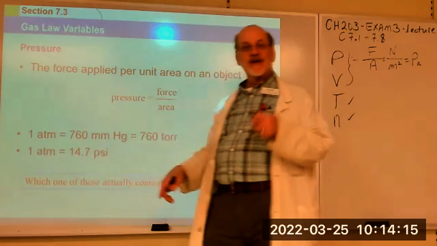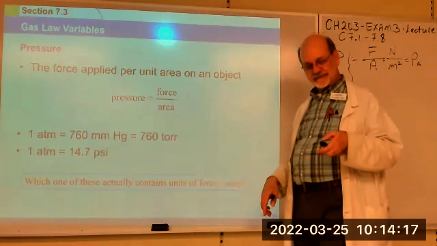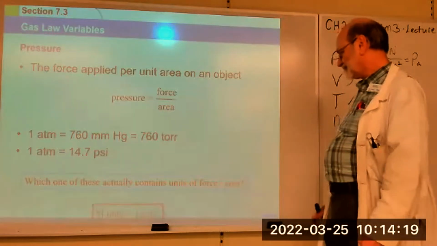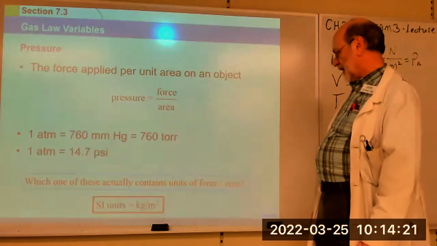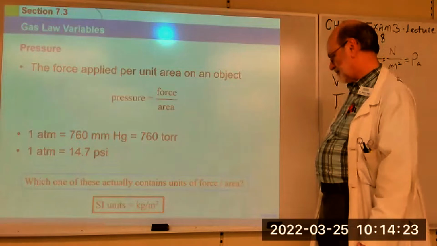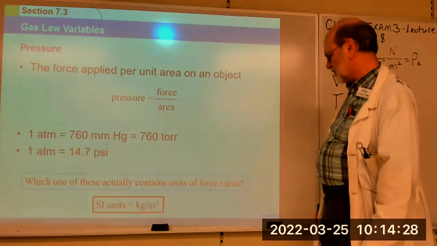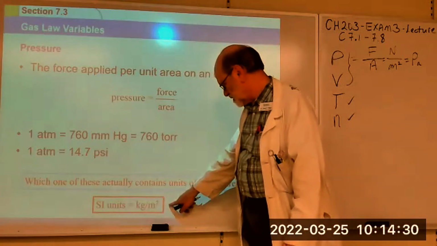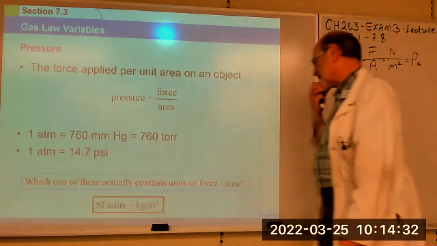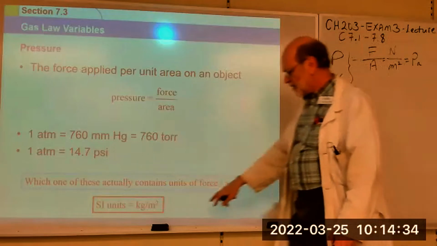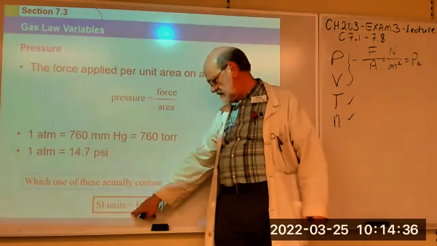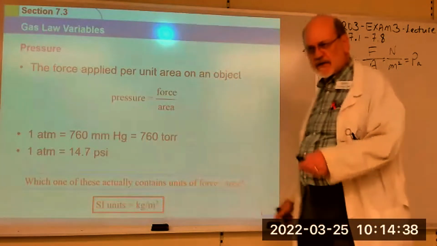Pounds per square inch, that is force per unit area. The SI units for, that's not right. Kilogram is a mass, it's not a force. Right, so there's an error in the slide, I think.